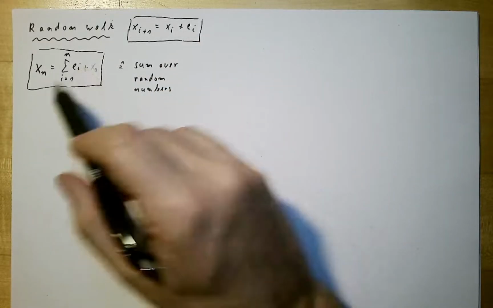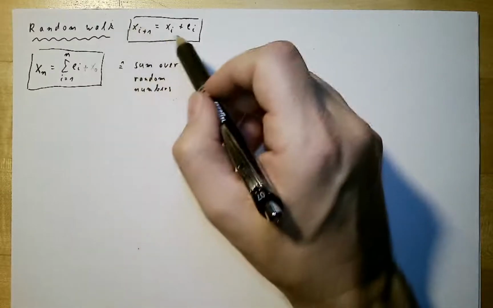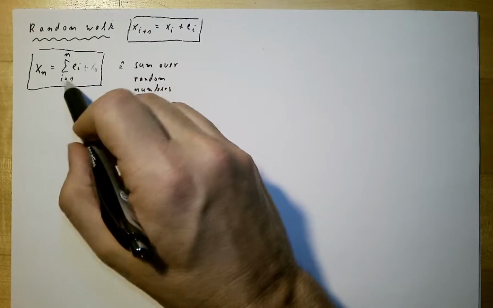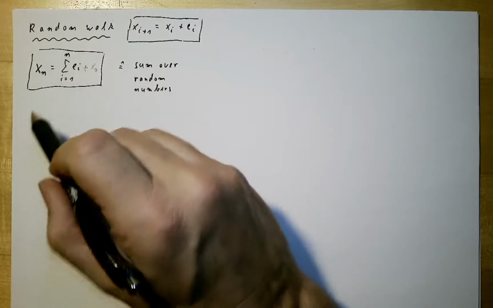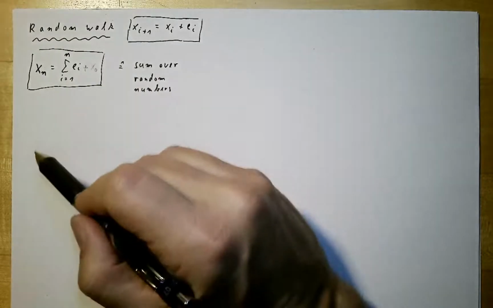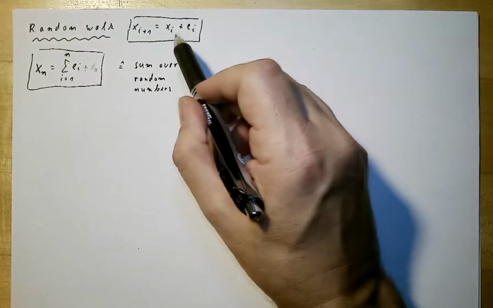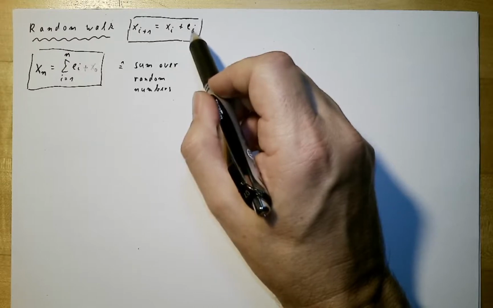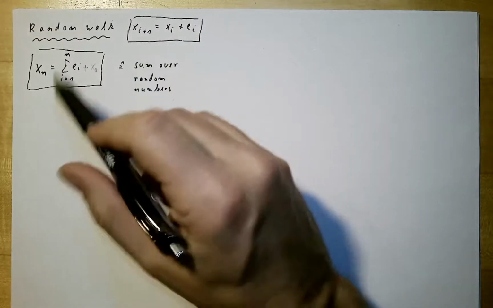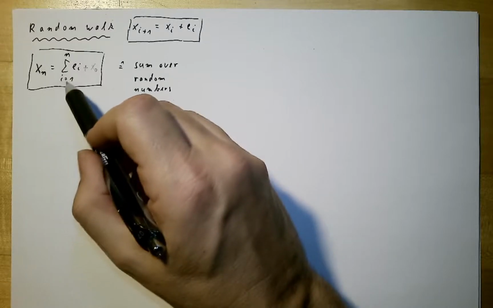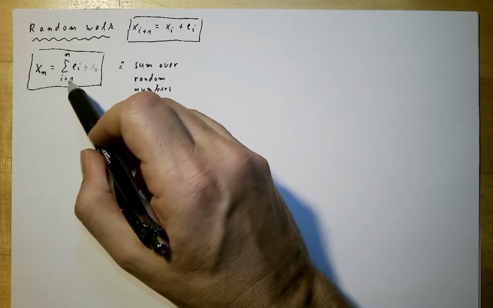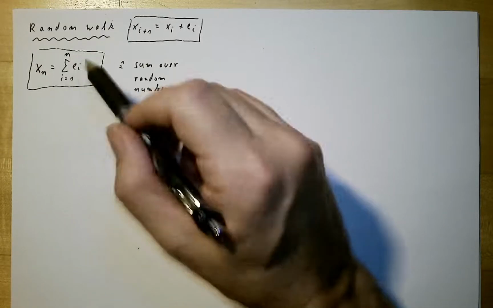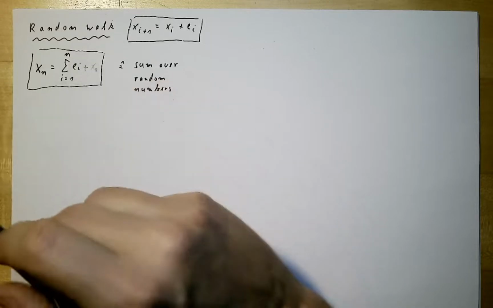Maybe if you look carefully, you see that I made a mistake here. I should have summed from i equals 0 to n minus 1 to be concise with this, or I could have written x_i plus the increment from i minus 1. Sometimes I start from 1, and sometimes I start at 0, because different authors use this a bit differently, but you will always know from the context.